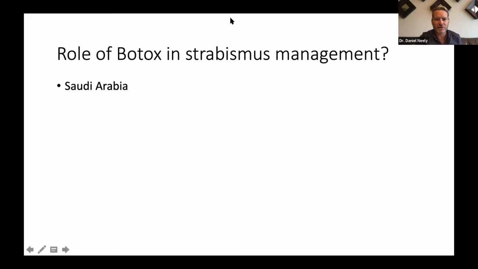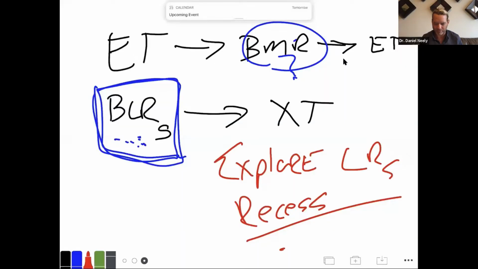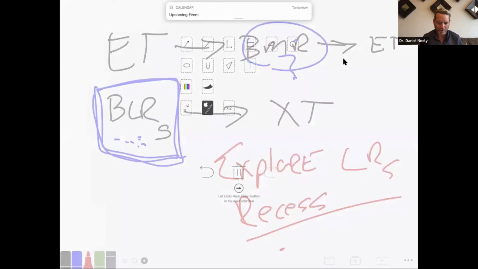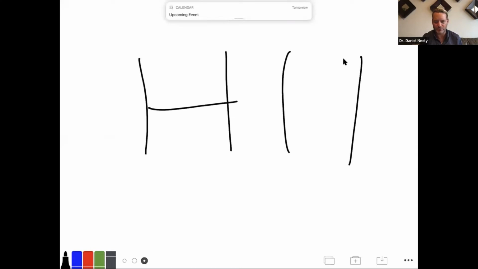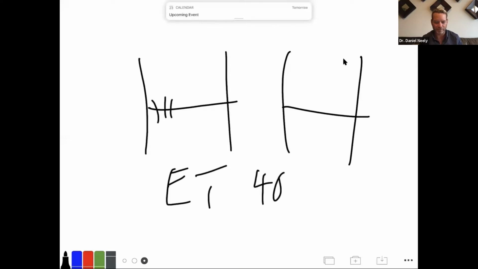So you see someone who has an acquired sixth nerve palsy, right? And let's say they're about 6 weeks out from their onset of their palsy. All right, so what's that look like? You have someone who has a new sixth nerve palsy, and as a result, they've got this ET of 40, and this has been there for 6 weeks.